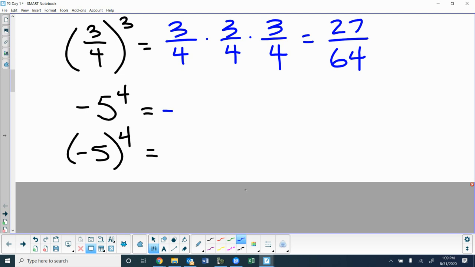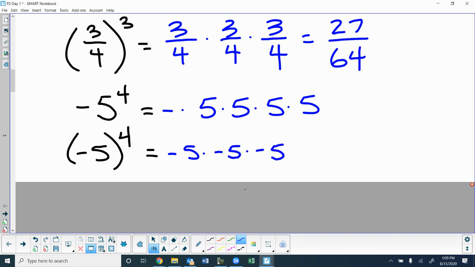So the first one means negative, times 5 times 5 times 5 times 5. But this one means negative 5 times negative 5 times negative 5 times negative 5. You guys see the difference? So the top one would be negative 625. The bottom one would be positive 625.